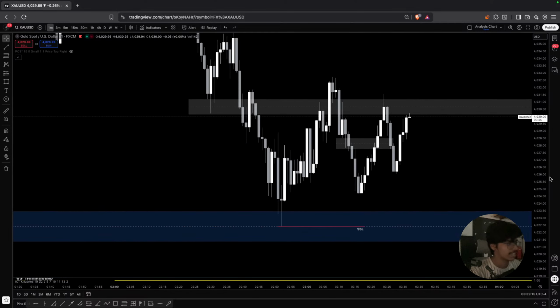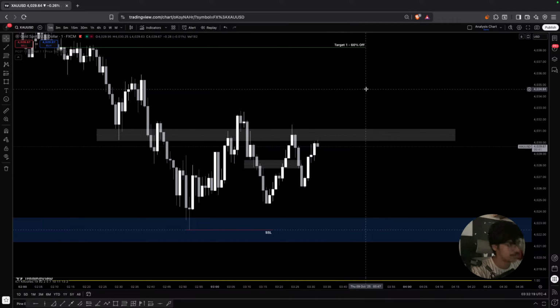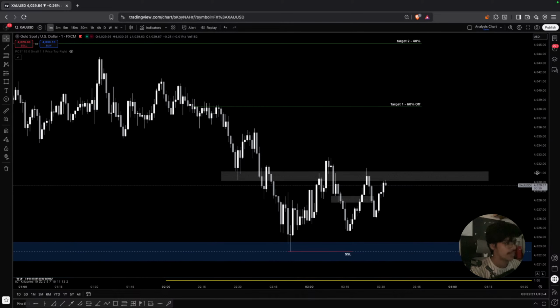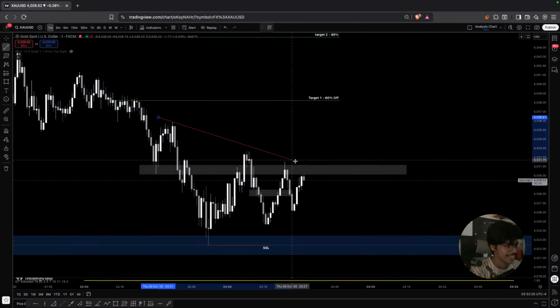Too much gyration, guys. Wait for the setup to form. You know, some retail people, how they will see a trend line, again trend line. Wow.